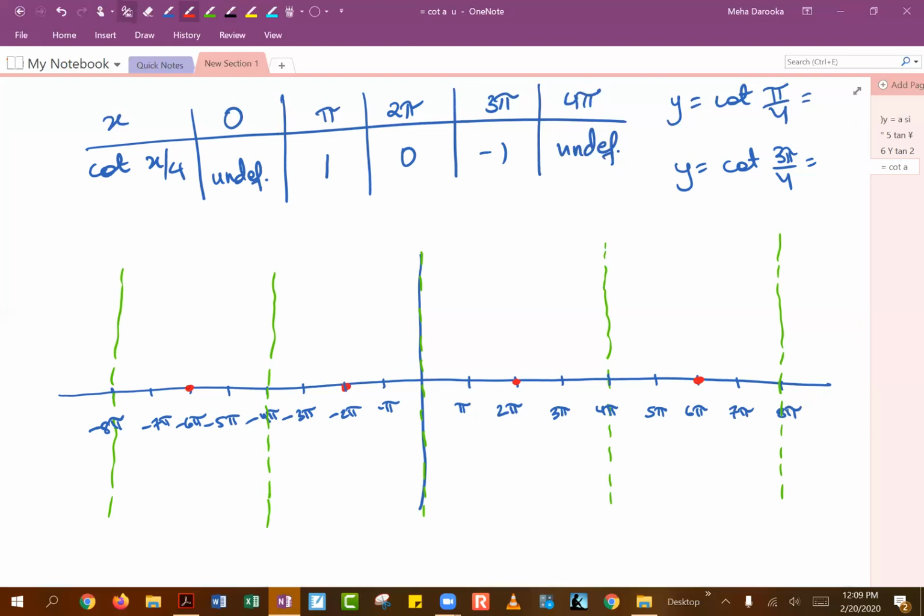And then same thing on the negative side. For pi and 3 pi, we are at positive 1 and negative 1. So positive, negative.